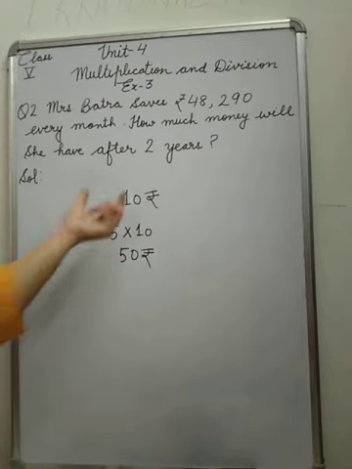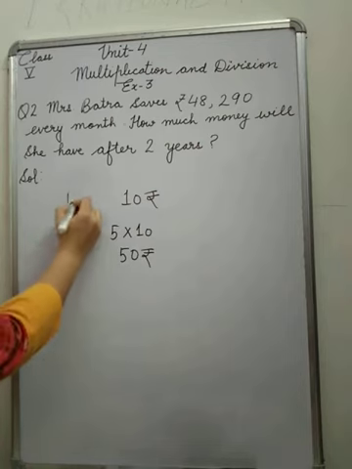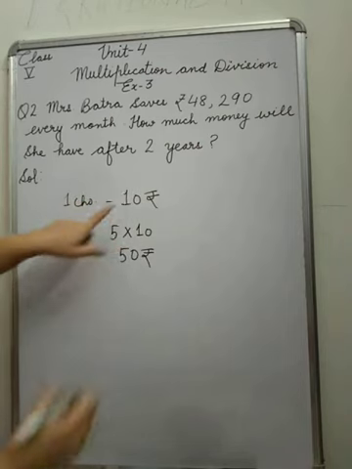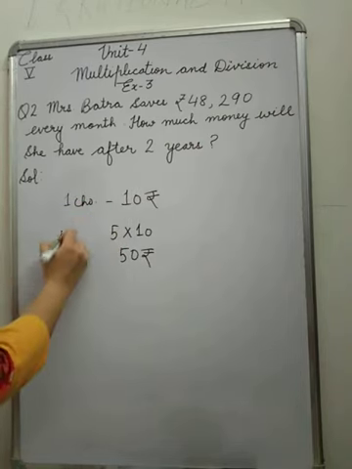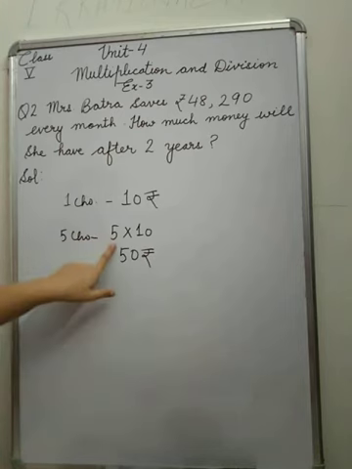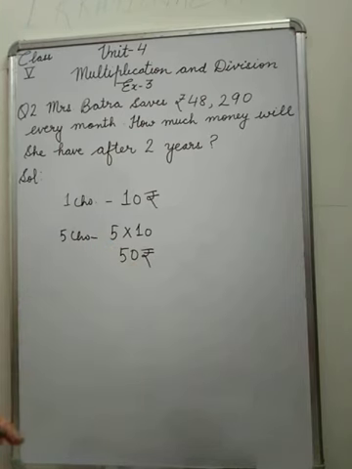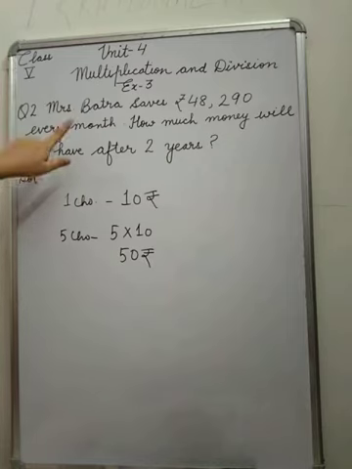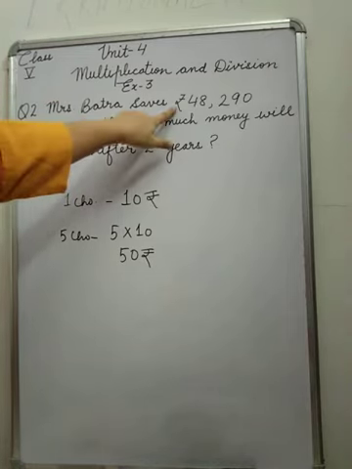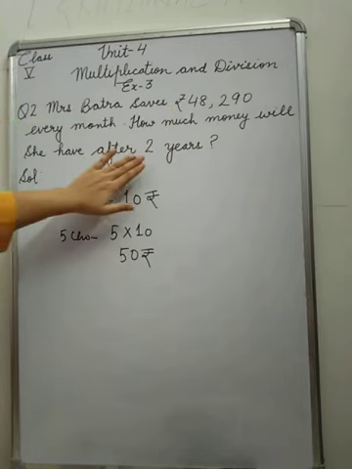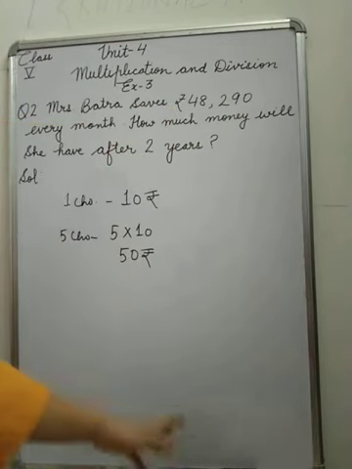So if one chocolate costs 10 rupees, then 5 chocolates cost 5 into 10, that means 50 rupees. In the same way, if in 1 month she is saving that much amount of money, in 2 years how much money will she save?